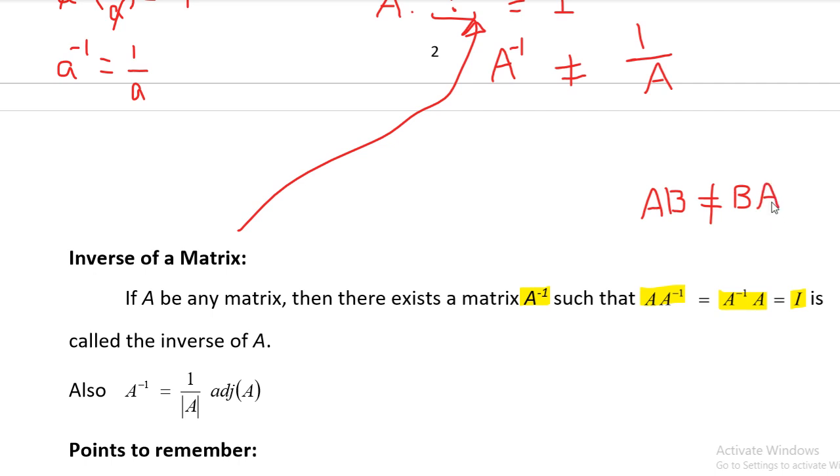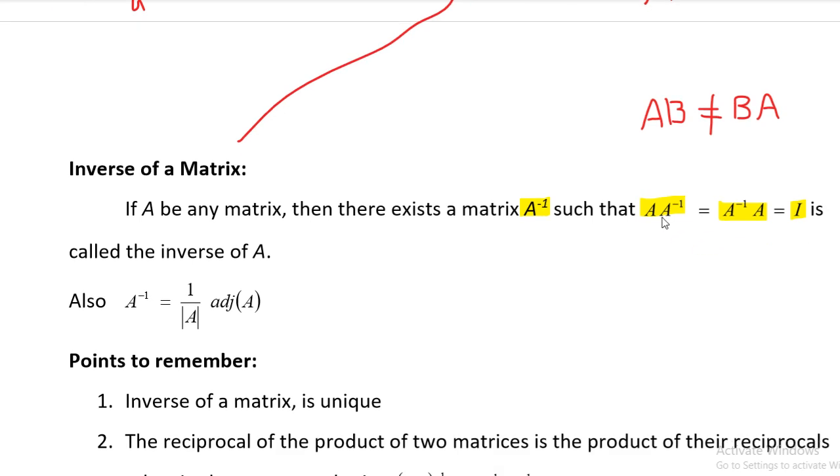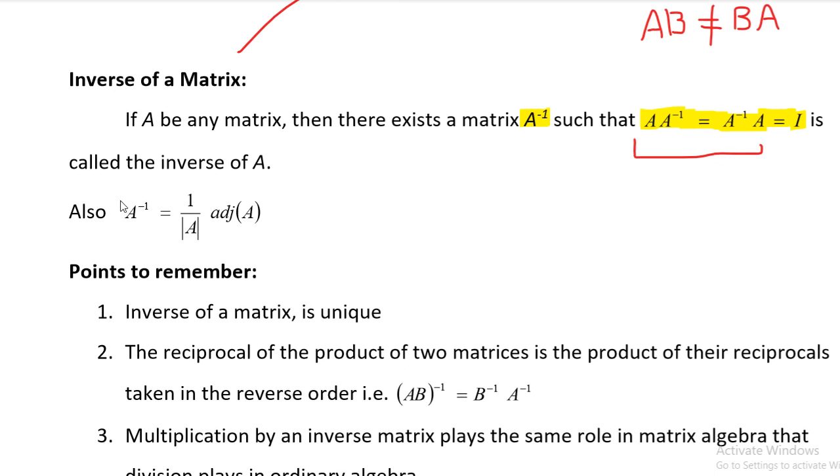But here you can change the order, because the inverse has this property. If you multiply A with A inverse, they commute, because both give you the identity matrix. So any matrix which satisfies this condition gives you an inverse. This is called the inverse of A.